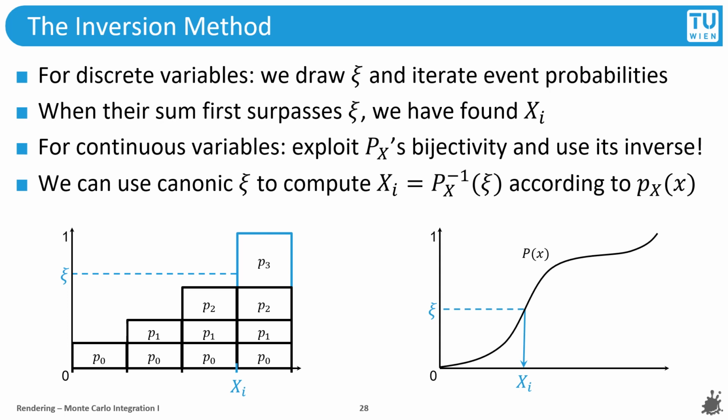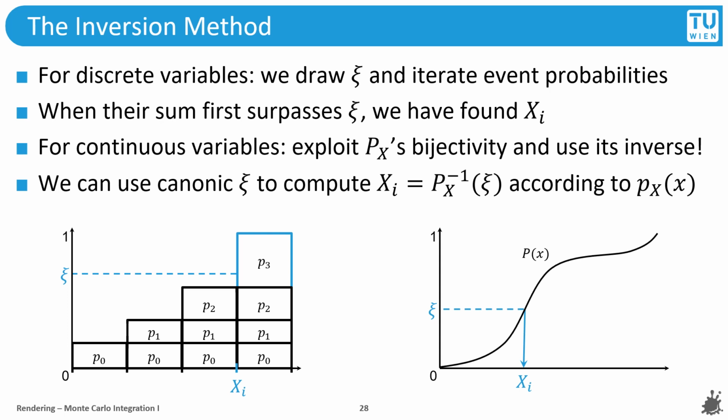If we have a random variable x with some distribution, we can draw a sample from our canonical random variable Xi and consider it as the output of x's CDF to find the value of x that would have generated it. In the discrete case, we can simply iterate over the outcome probabilities of x and stop at the event where their sum surpasses our sample of Xi.